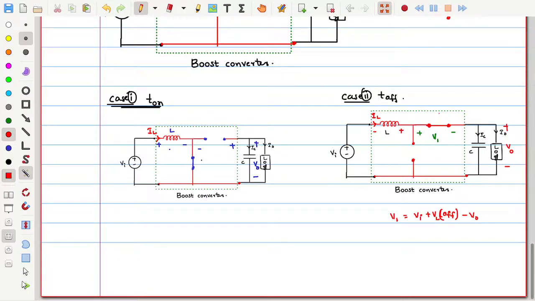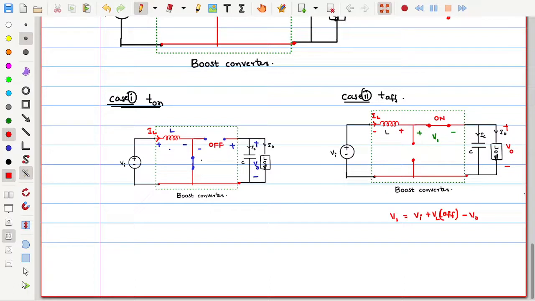This is the on state of the diode. Here the diode is in off state. Now whatever energy was stored by the inductor so far, plus additionally the input voltage Vi, will try to supply power to this load during the off time period.